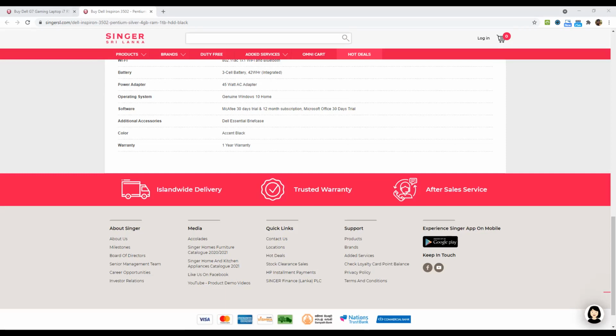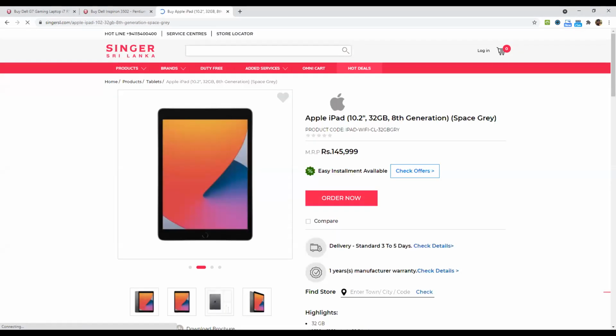In this one also, you better look at their specification. Right, so here is the one. I want you to take down the same information as we did earlier for this configuration.